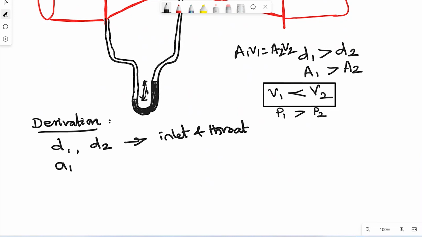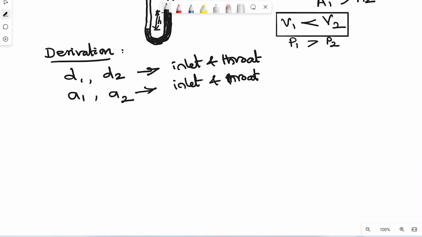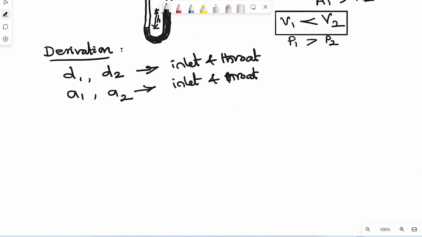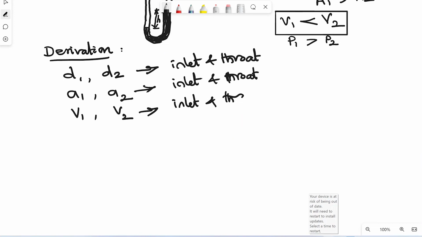Next, A1 is the area of the inlet, A2 is the area of the throat. Next, let V1 be the velocity at the inlet and V2 be the velocity at the throat. Then let P1 be the pressure at the inlet and P2 be the pressure at the throat. So these are all the basic things.